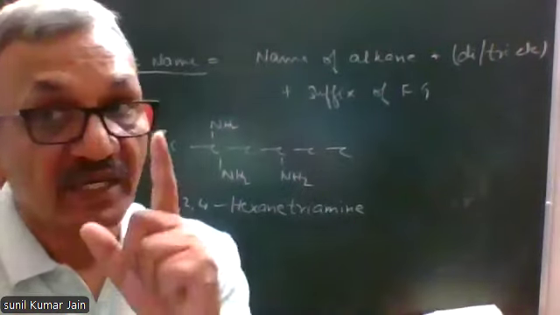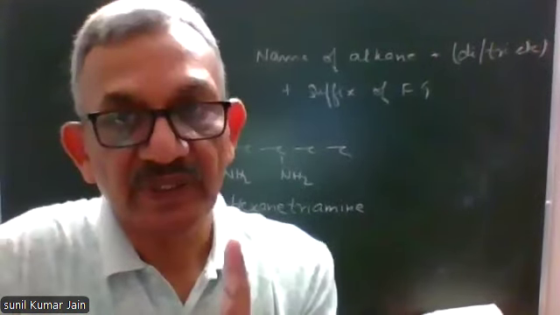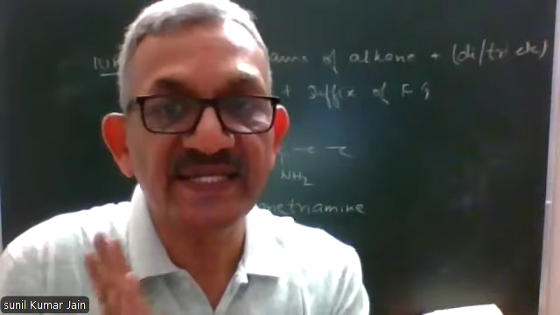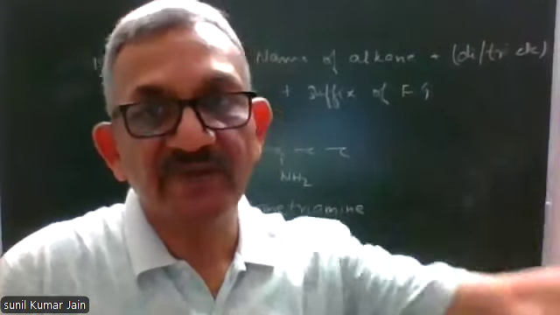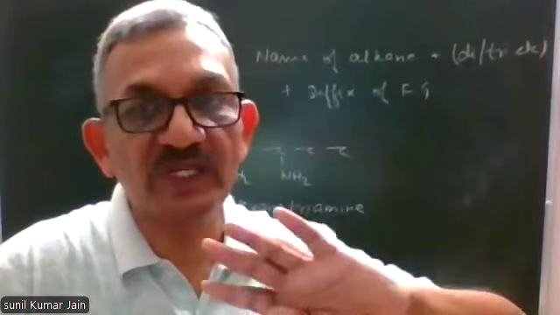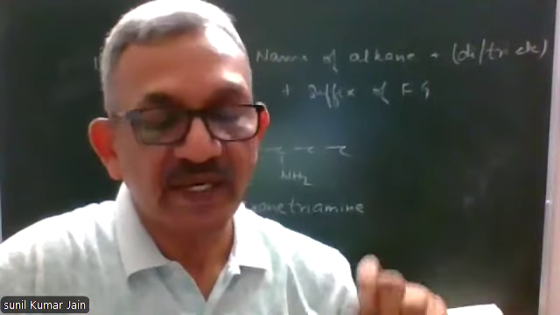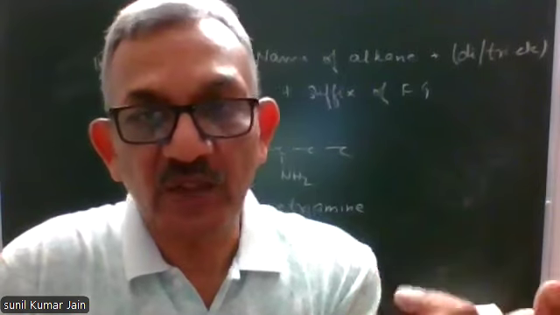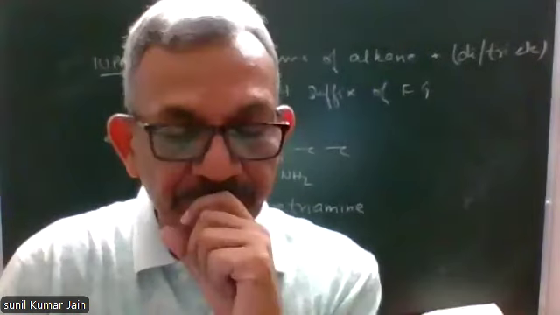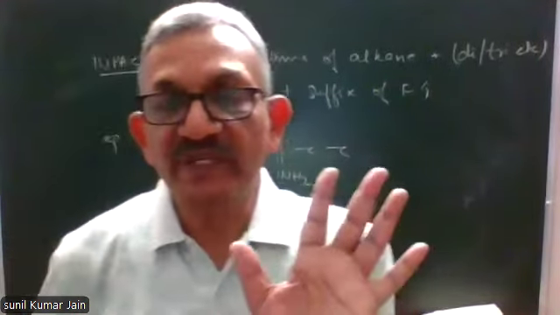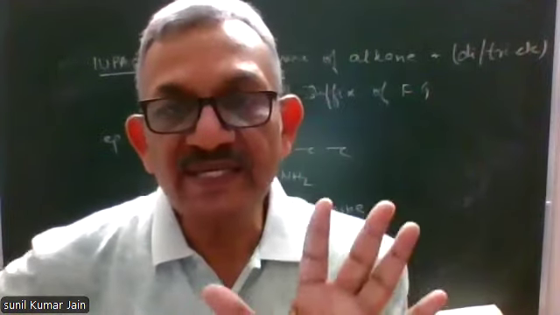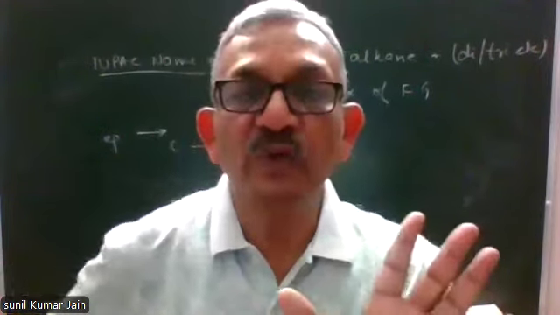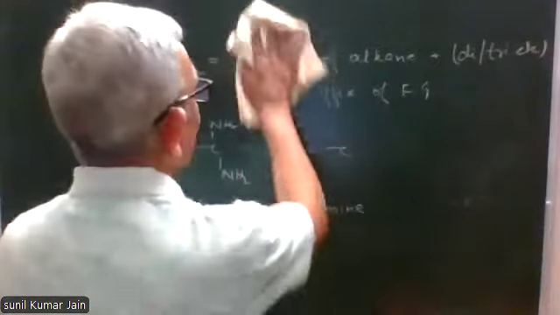But if a functional group is not assigned any suffix, I told you there are 5 substituents which are not assigned any prefix, any suffix: halogen, nitro, then alkoxy group, alkyl, and phenyl. So if these are not assigned any suffix, then how do we name the compound? See.